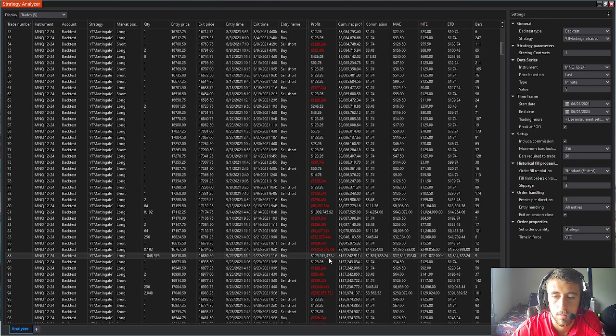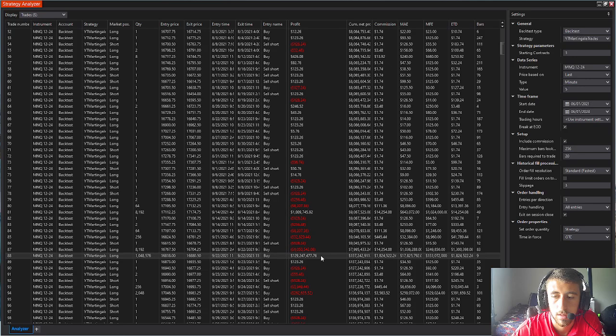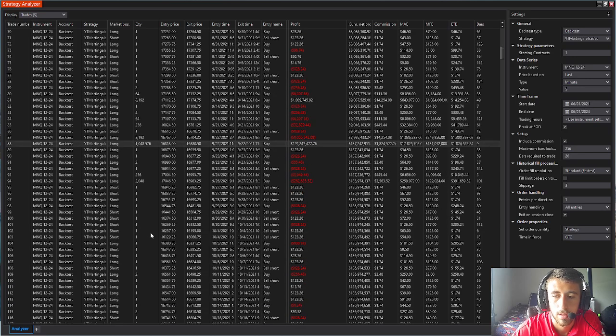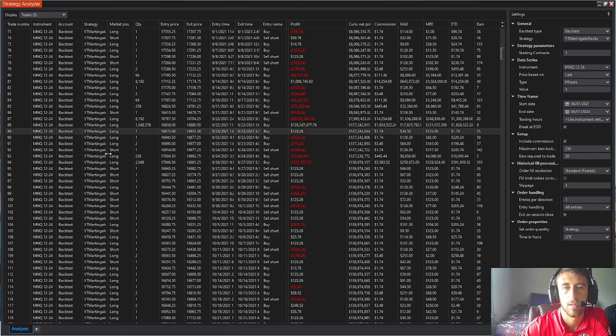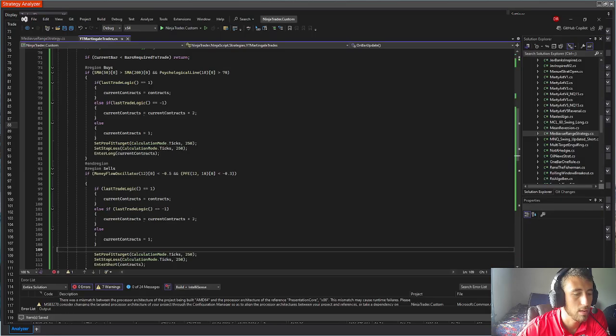Dang, it does make some crazy trades though. Like, look at that, 129 million. But then we are reset back to 1. Short. Alright, so let's see.